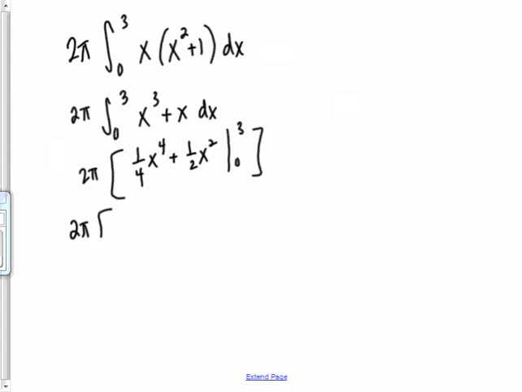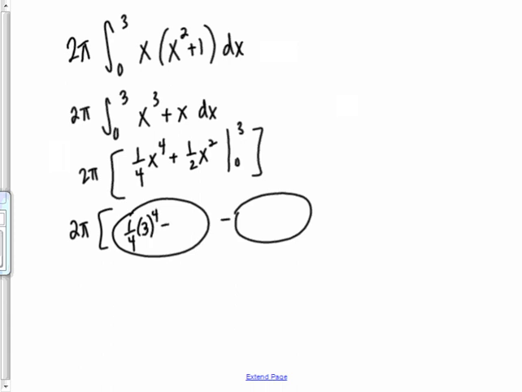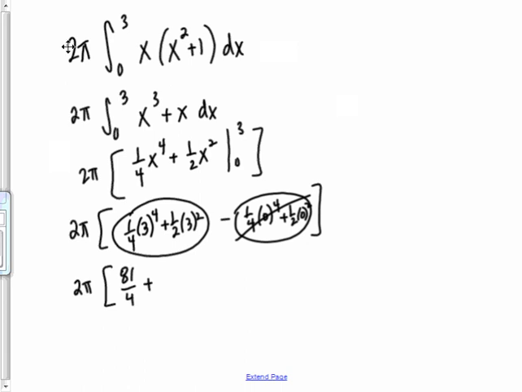I'll do this first one fully out like all the rest of them, and then I'll kind of start skipping some steps. All right, so I'm plugging in 3, and I'm plugging in 0, which is just going to go away because that's just going to be 0. So I get 2 pi times 3 to the 4th is 81, so 81 over 4 plus 3 squared is 9, so 9 over 2.